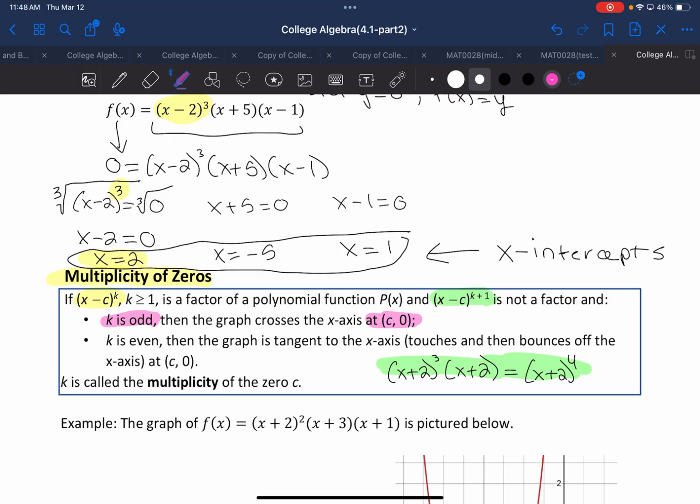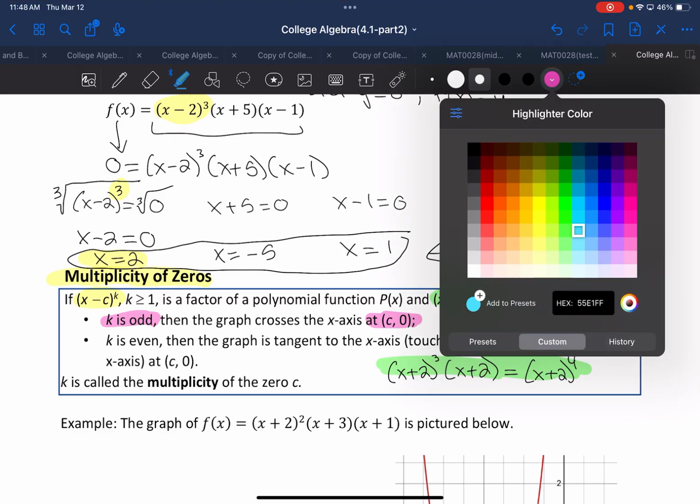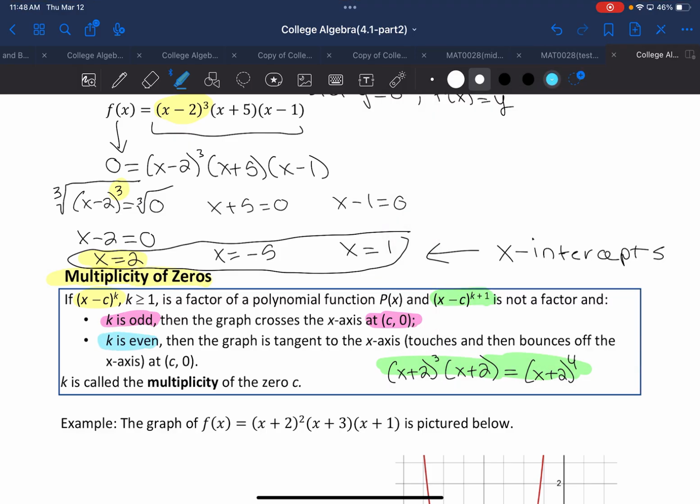And if k is even, so if the exponent is even, like it is right here, in that example I did with the 4, then c is still an x-intercept, but it is an x-intercept that is tangent to the x-axis.